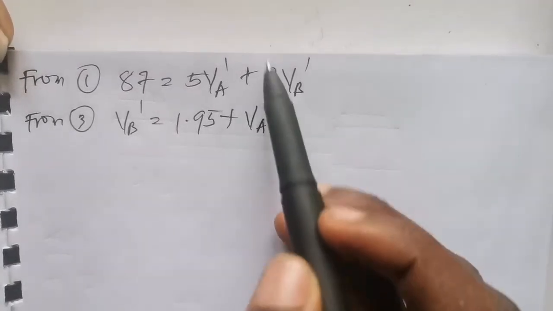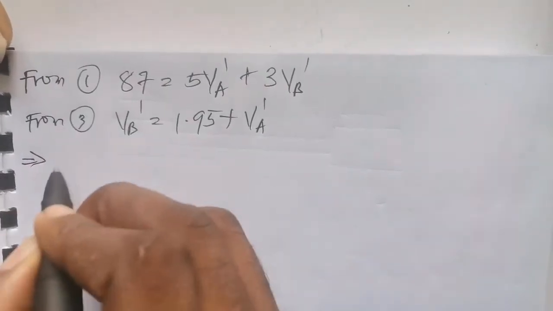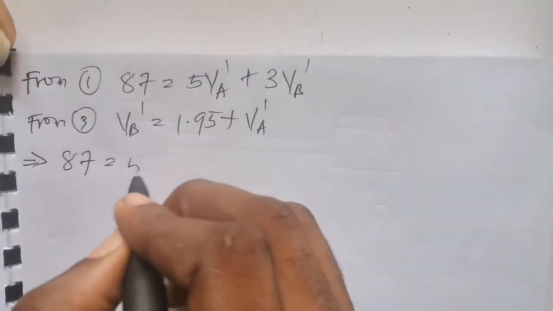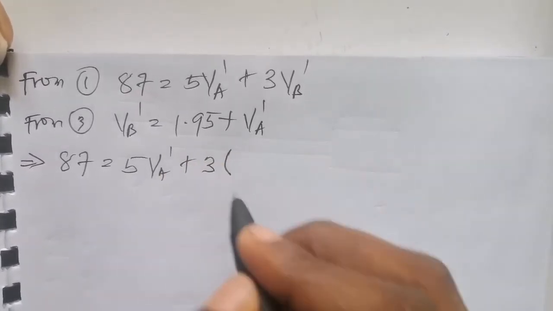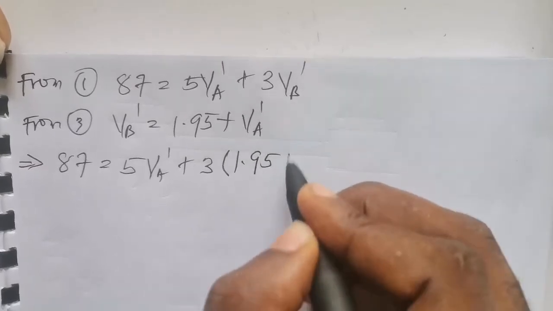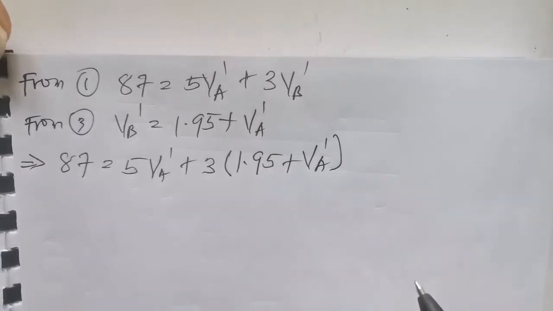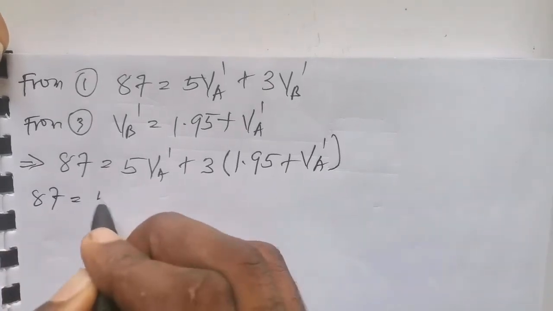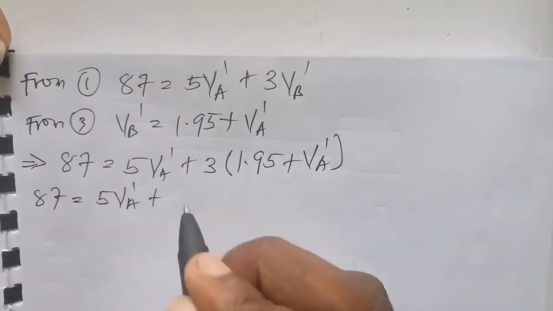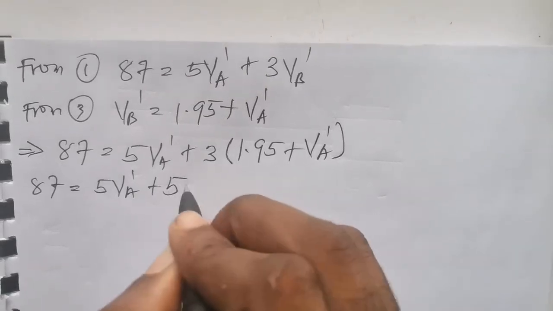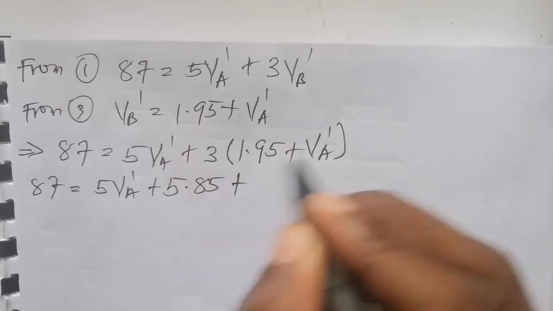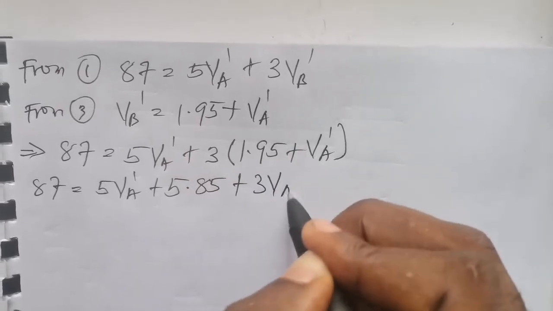So this simply implies that 87 is equal to 5VA prime plus 3, and in place of VB prime, we'll put in this value, 1.95 plus VA prime. So 87 is equal to 5VA prime plus, now let's expand this bracket using 3. So we have 3 times 1.95, that gives us 5.85. You have 5.85 plus 3 times VA prime gives us 3VA prime.